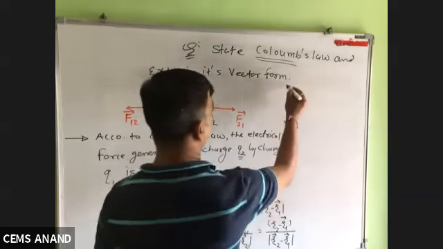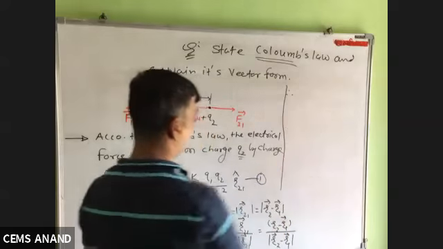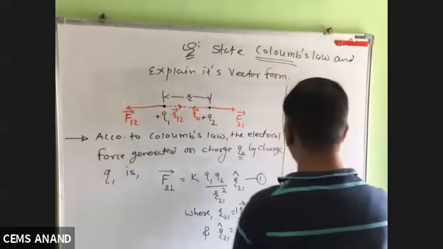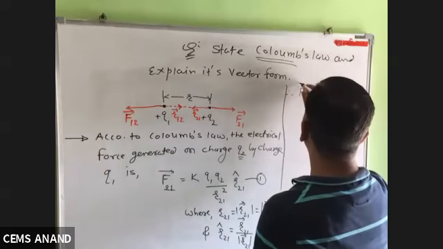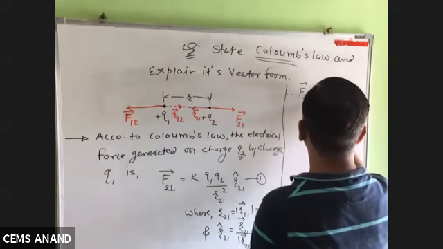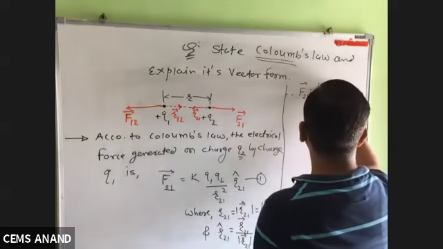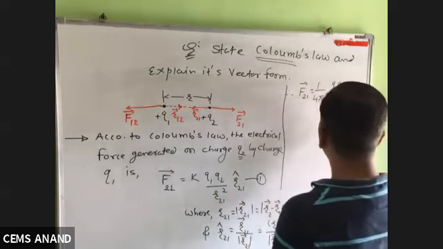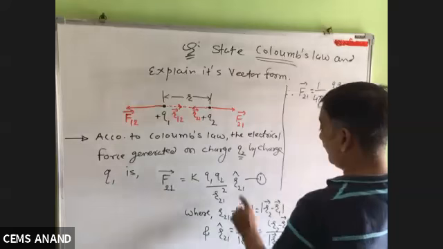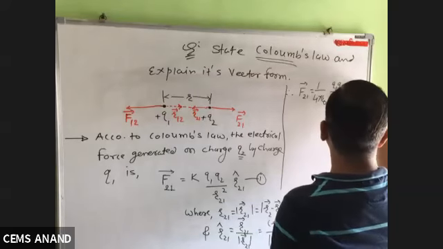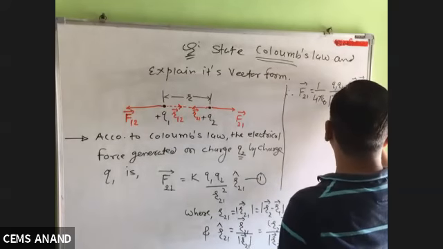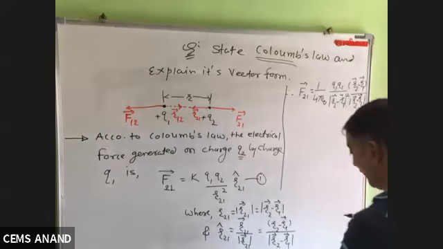So using the expanded form of this value, we can write F21 is equal to K, 1 upon 4 pi epsilon 0, then Q1 Q2 upon modulus of R2 minus R1 square, then R2 minus R1 in bracket divided by R2 minus R1 in modulus form, right?